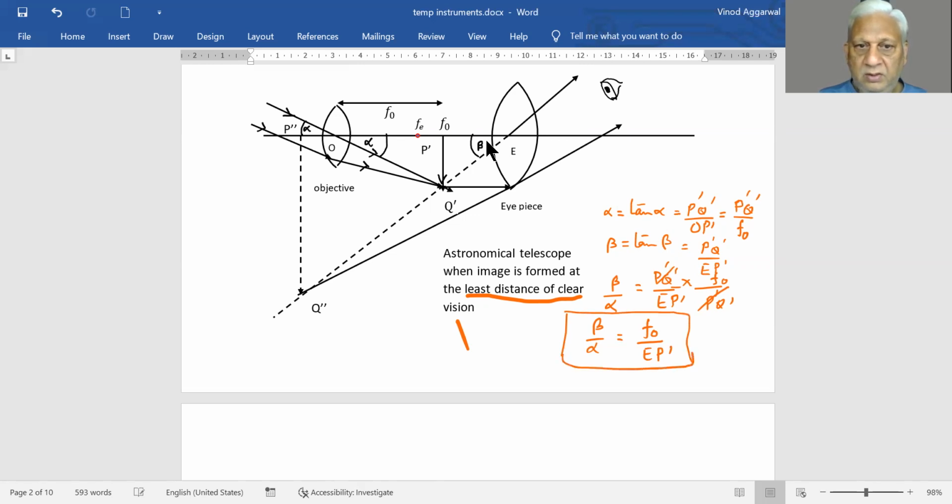This is the expression without any adjustment. Since beta and alpha are angular, beta divided by alpha is the angular magnification. So we can write magnification as FO by EP dash.